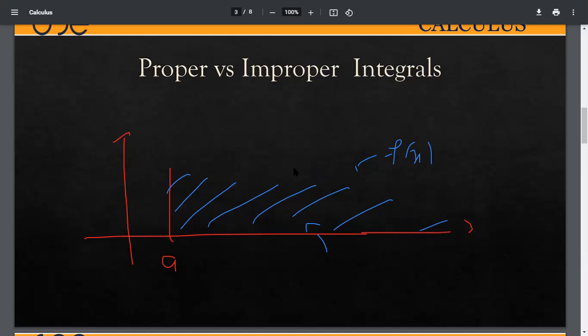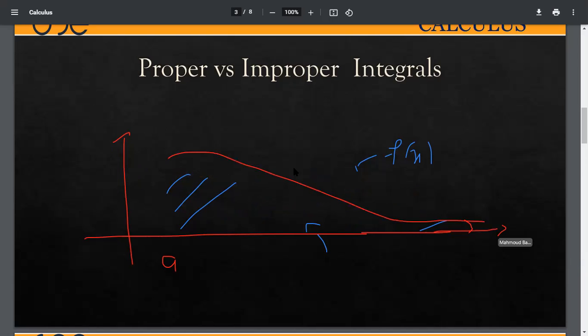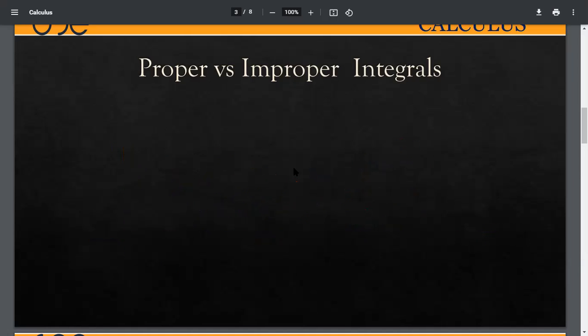Let's say it has this form. See, it tends to zero, so it comes very close to the x-axis. So now the area is somehow constant, because for very big values of x, I will be adding negligible terms. So the area will not be infinity, it will be some constant.